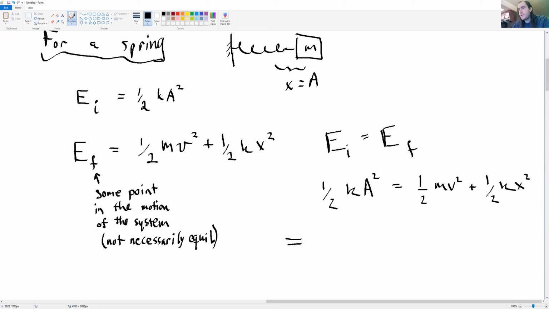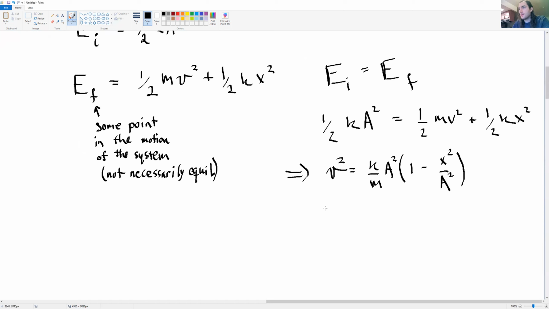The solution for this equation for v is given by k over m times a squared, and I've factored a squared out, so a squared is going to show up in the denominator here, times 1 minus x squared over a squared. Oh, sorry, I forgot, this is squared here. I encourage you to run through the algebra yourself and show that this is true.